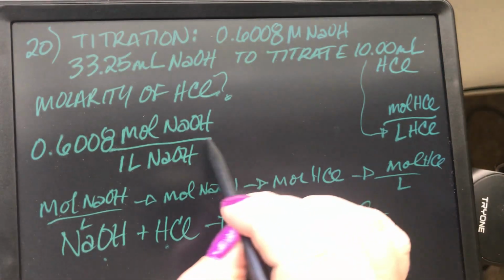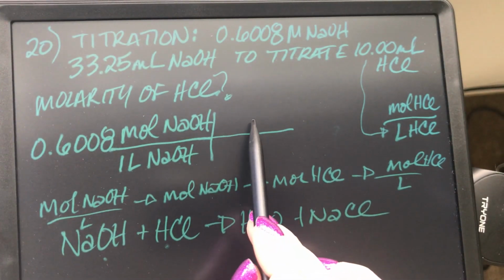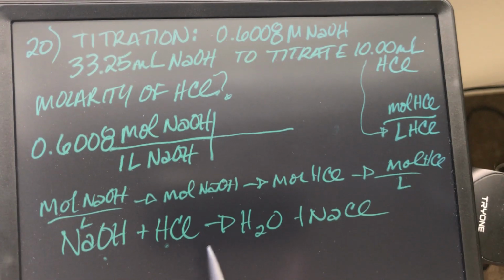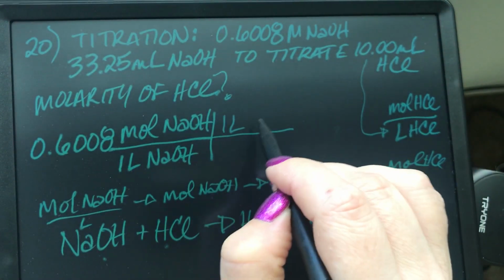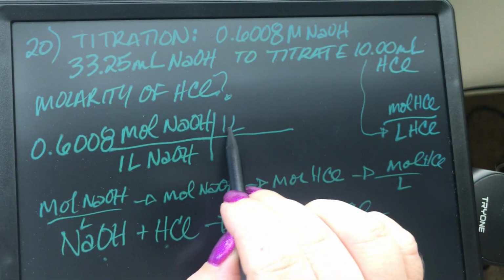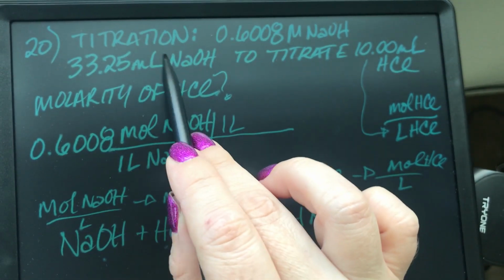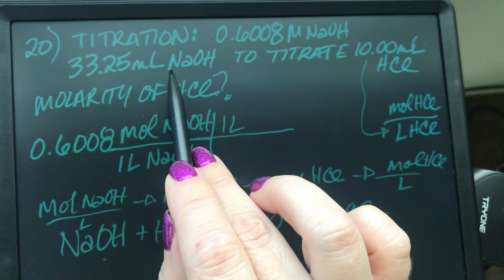So, what do I need on top to cancel out liters on bottom? You need liters on top. So I need liters on top, right? But my volume is in milliliters, so in order to use it, I've got to convert.